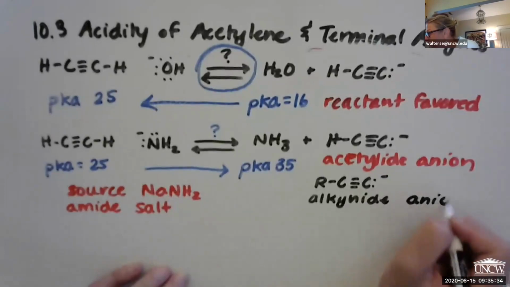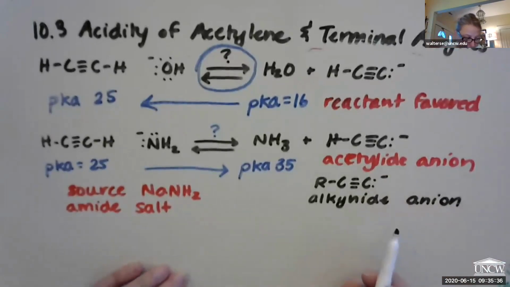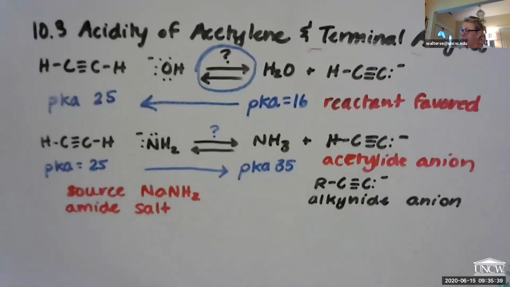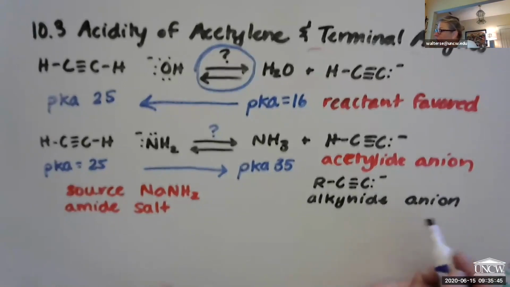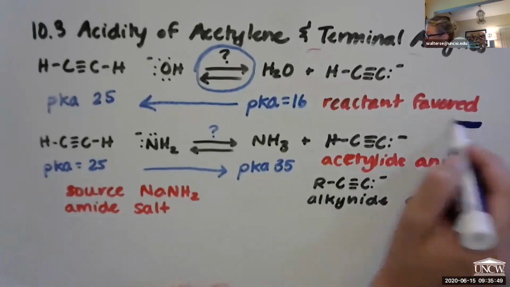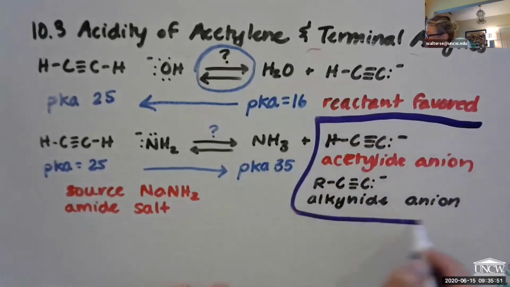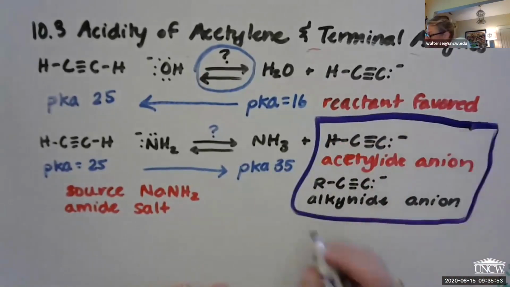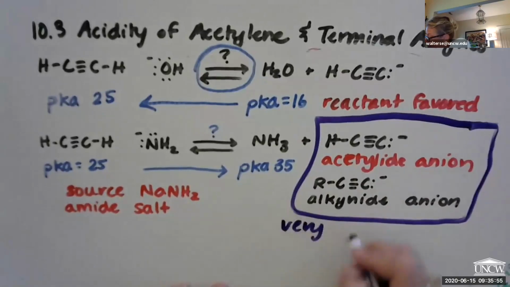Acetylide is just one type of an alkynide anion. The reason to do this is that the acetylide anion and all other alkynide anions, this group here, are very strong nucleophiles.